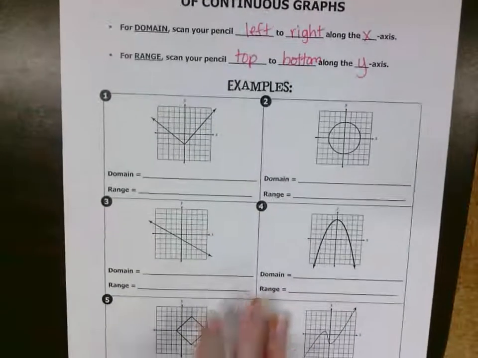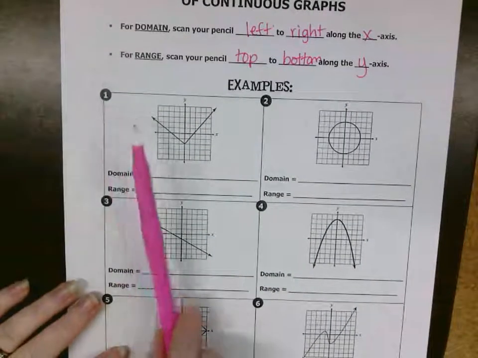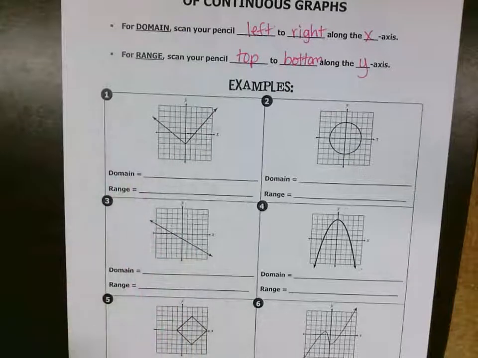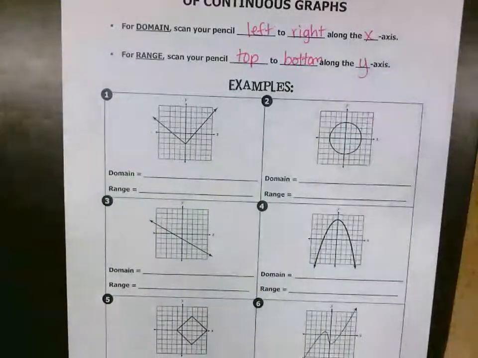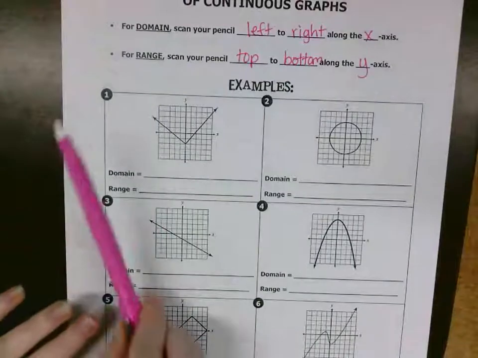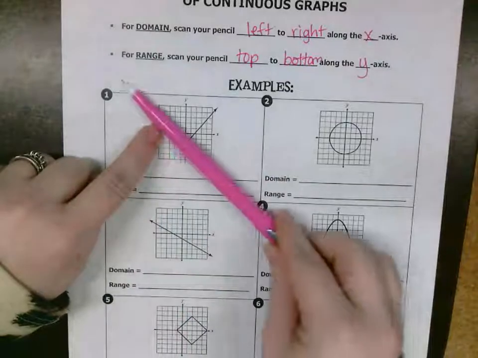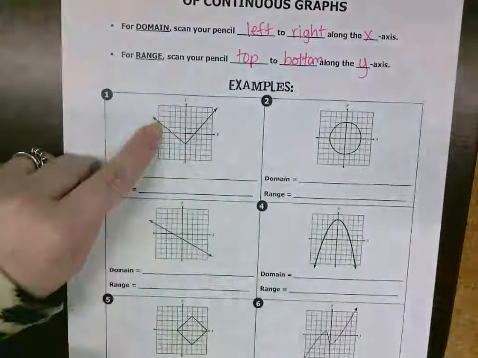So when we look at number 1, if you see these arrows, it should remind you that this line goes on and on and on forever in opposite directions. So when we're scanning our domain, it doesn't technically start right here because this line goes on forever.